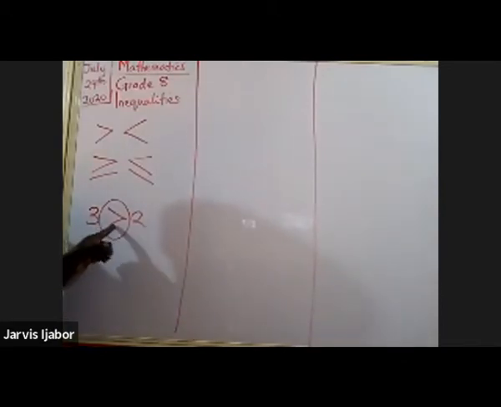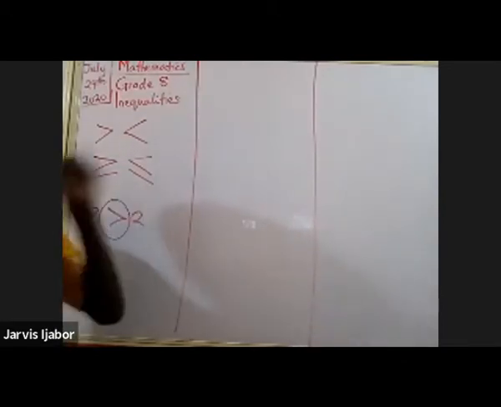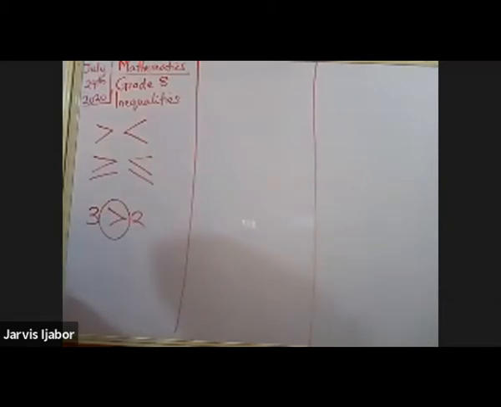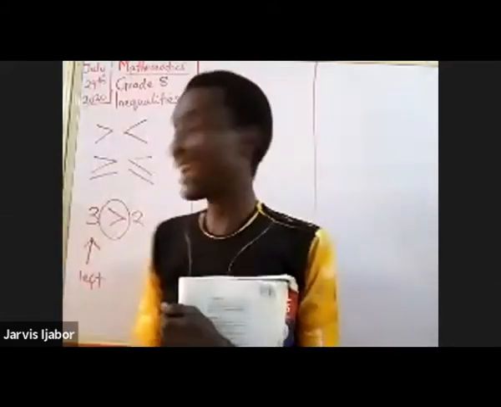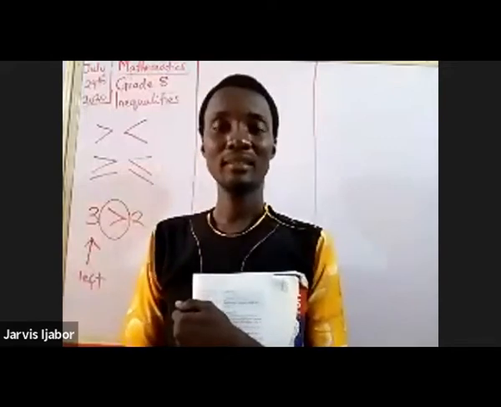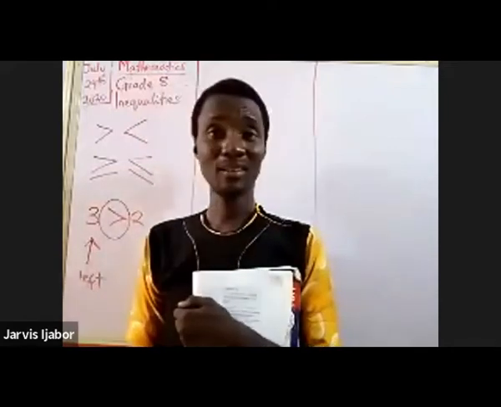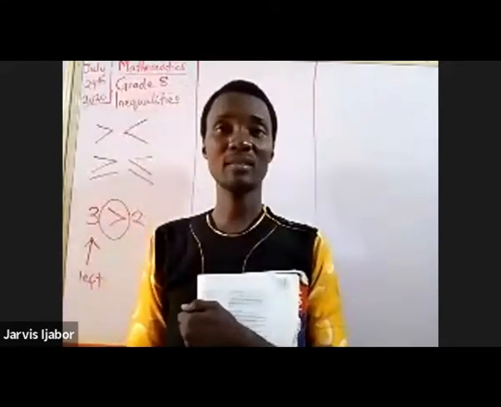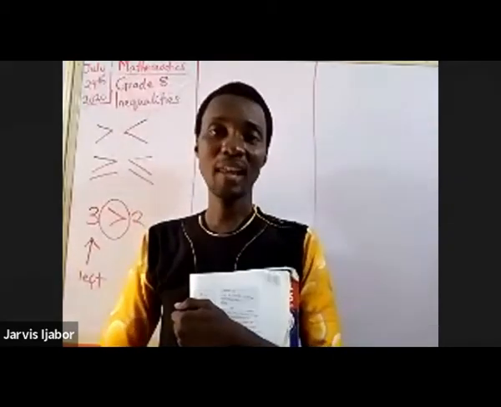So this sign that you're saying is greater than, it is because we are always referencing the left hand side. So 3 is greater than 2 because I'm referencing the left hand side. If I reference the right hand side, it will mean that 2 is less than 3. So that same sign, but 2 meanings. Let me allow that to sink in.